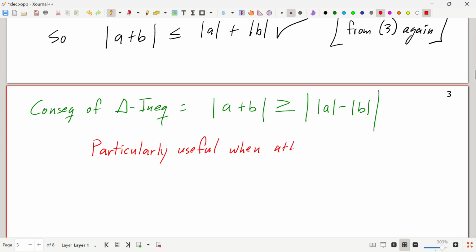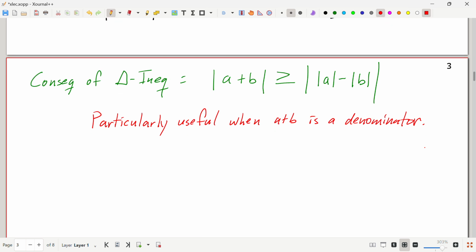A plus B is a denominator, as we'll see throughout the course. Because this thing is so important and useful, I'm going to demonstrate it here. By the way, I can replace B by minus B in that inequality.